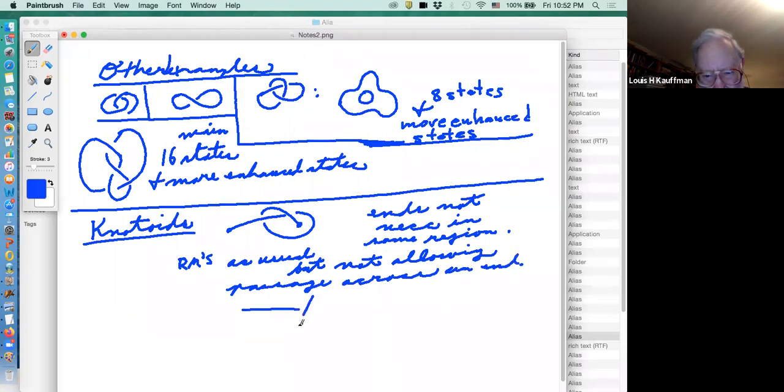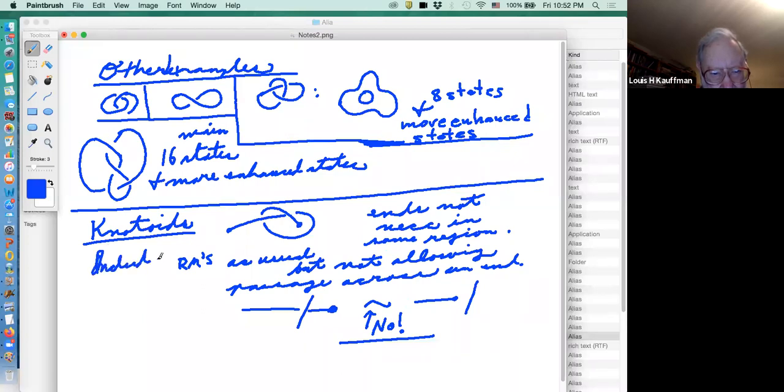So in other words, that's forbidden. Right? And then you have a knot theory. And this includes things like this, which are really equivalent to ordinary knot theory. These are called knot type knotoids.